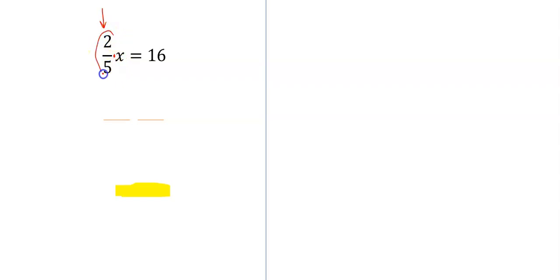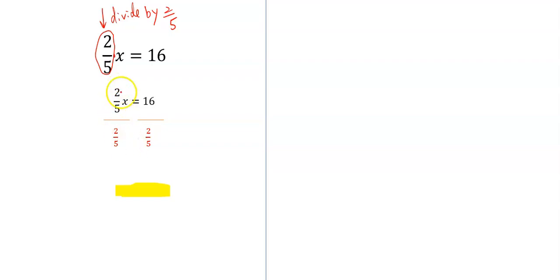And the number here is a fraction, which makes it more complicated. So we want to get rid of a number times x, so you do the opposite, which is divide. We will divide the left hand side by the number we want to get rid of.